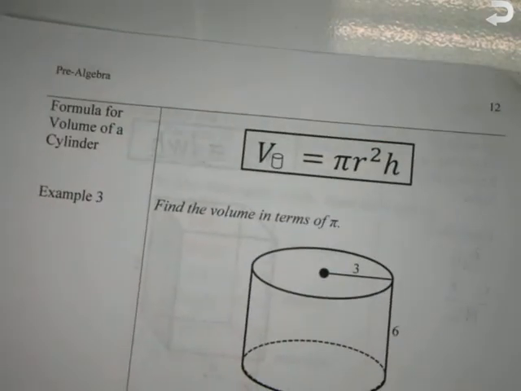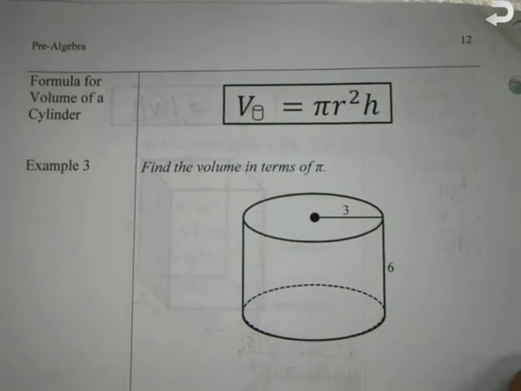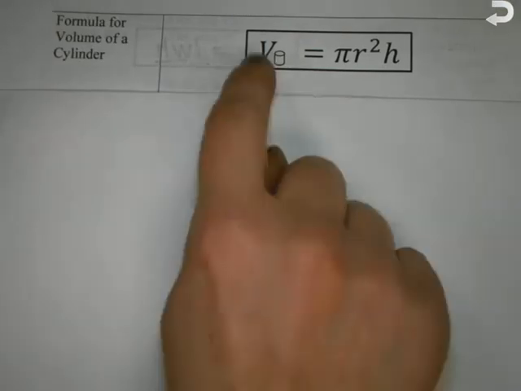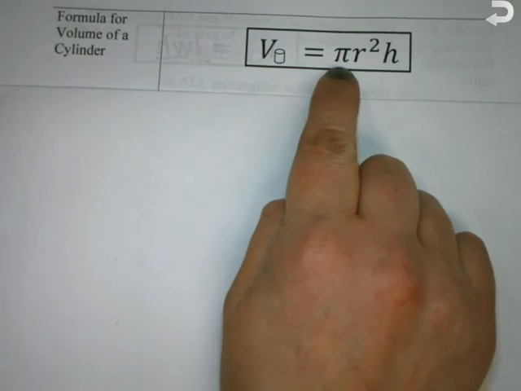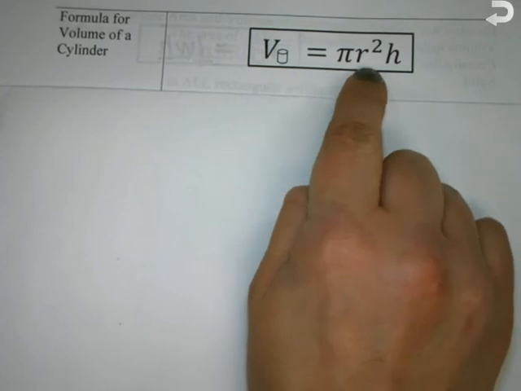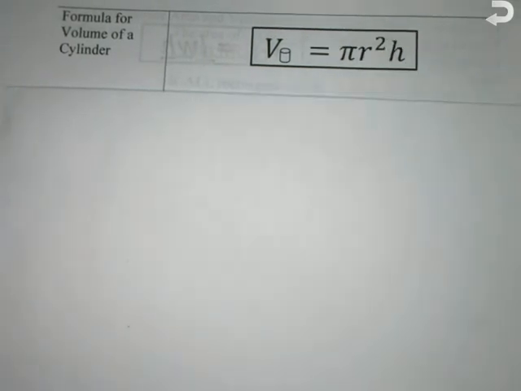Volume of a cylinder equals pi. Pi is about equal to what, Audrey? Good, 3.14 times r squared times h. So we only need radius and height to find volume of a cylinder.